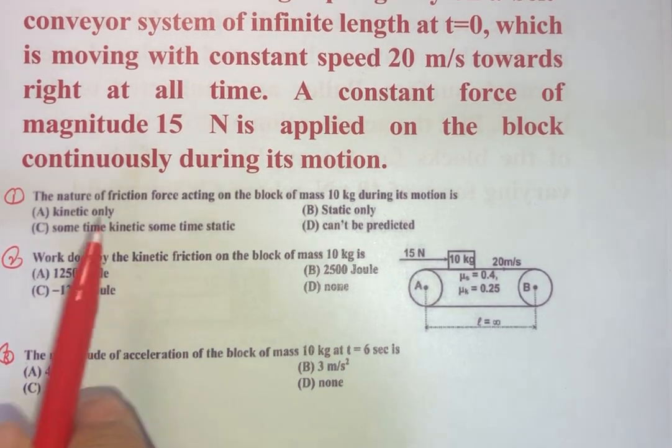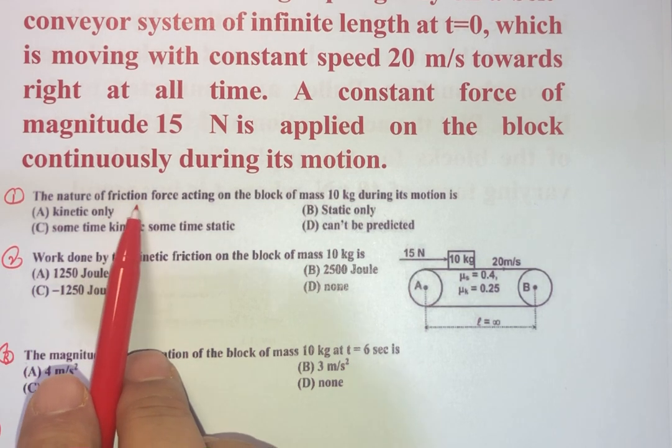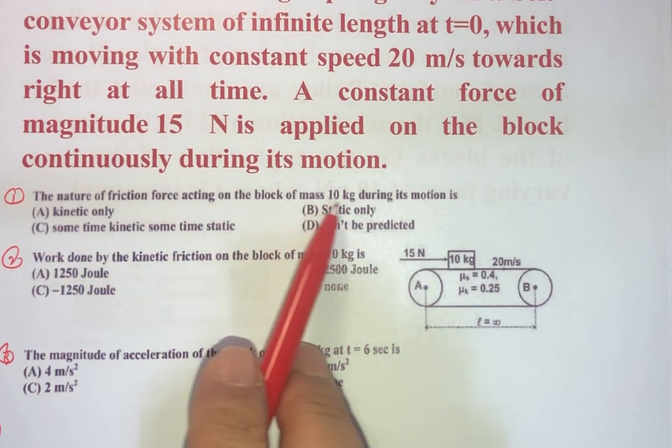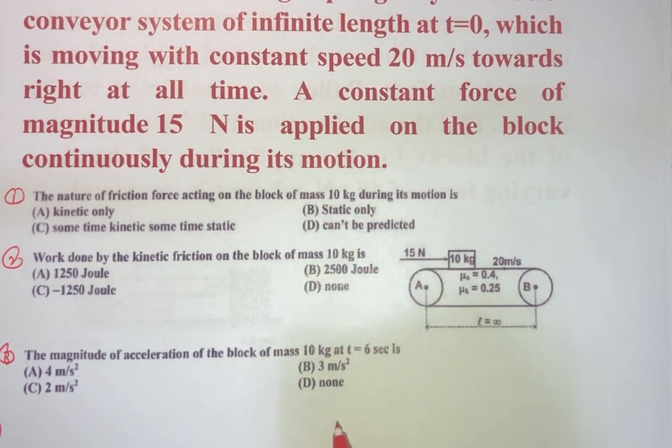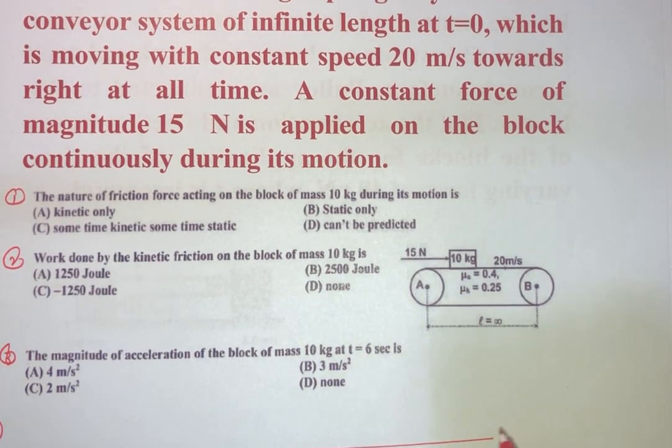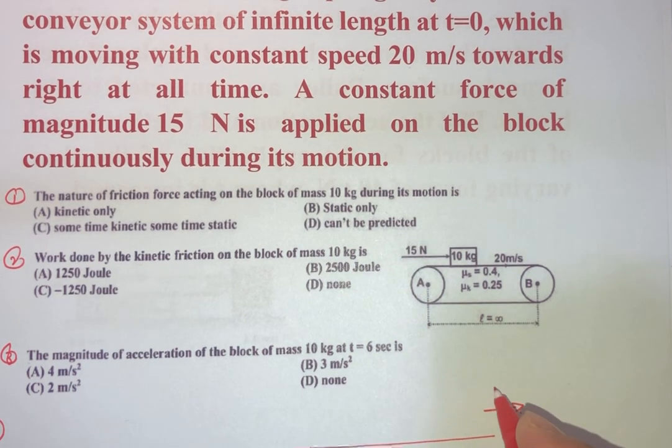It is asked the nature of friction force acting on the block of mass 10 kg during its motion. Let us suppose this is the conveyor belt and it is moving in this direction with a constant velocity of 20 meters per second.